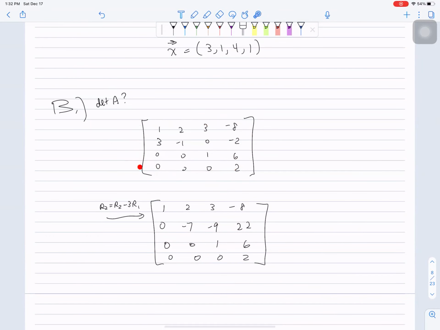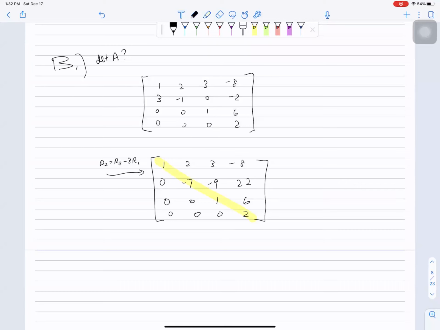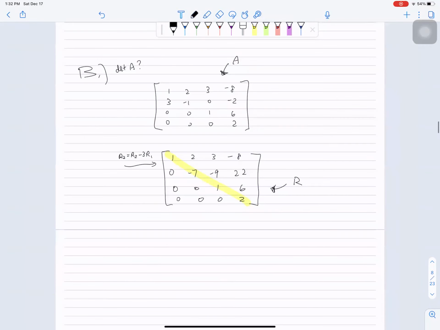What did I do? I row reduced it so that I got to this upper triangular form. Now that it's in an upper triangular form, what's the determinant of an upper triangular matrix? I can multiply the terms on the diagonal. So I'm going to call my original matrix A. This is my reduced matrix R. In general, the formula is that to get back to the original matrix, the determinant of it is going to be the determinant of the reduced matrix divided by any changes that we made.